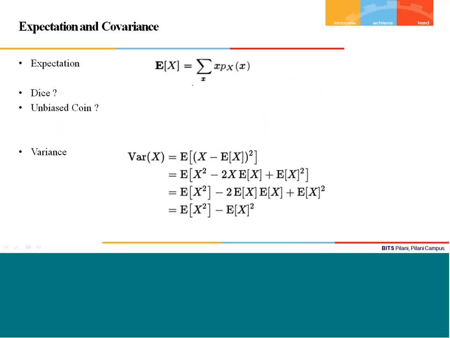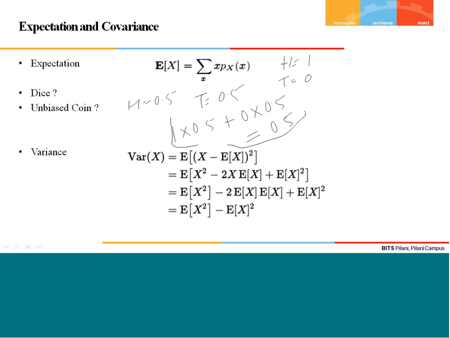For example, what is the expectation for a fair unbiased coin? I know that for the unbiased coin the probability of head equals 0.5, and the probability of tail equals 0.5. And let's say I denote the head by 1 and tail by 0. So what is the expected number that I get? The probability of seeing 1 is 0.5 and the probability of seeing 0 is 0.5, so the expected number that I get is 0.5.